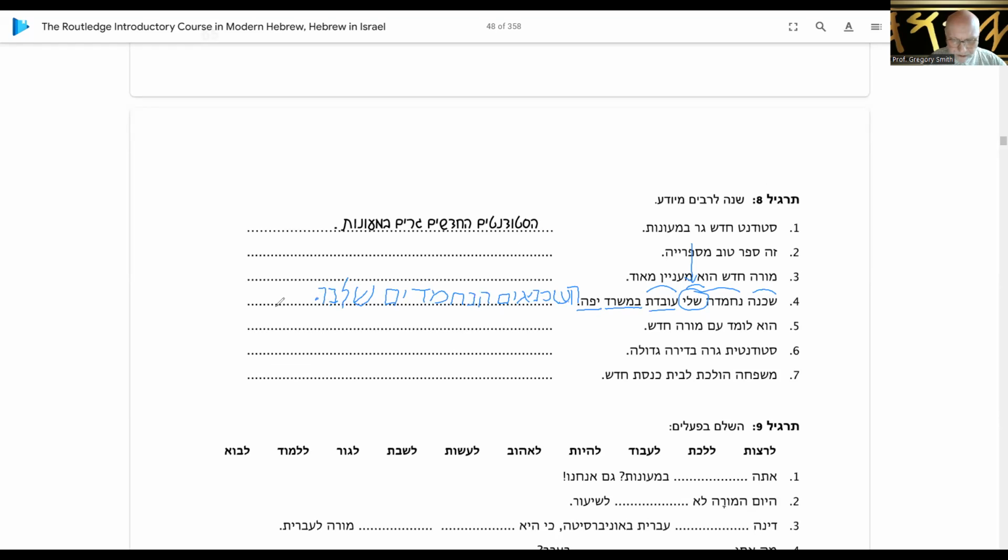Shalenu and Ovidim. Hashanakanaim, Hanakmadim, Shalenu, Ovidim. So the nice neighbors belonging to us are working, and then I think this is going to stay the same.